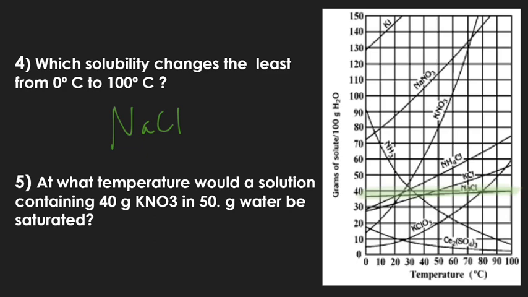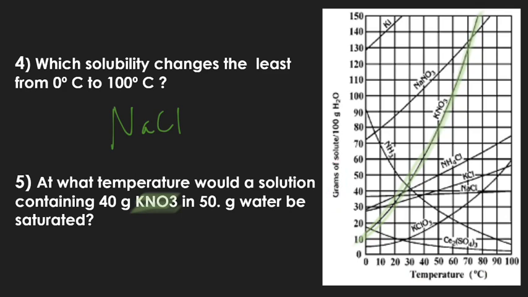And then question 5 asks us, at what temperature would a solution containing 40 grams of KNO3 in 50 grams of water be saturated? So this one is giving us information about the KNO3 line. And it's giving me an amount of grams, and it's asking me at what temperature that would happen at.